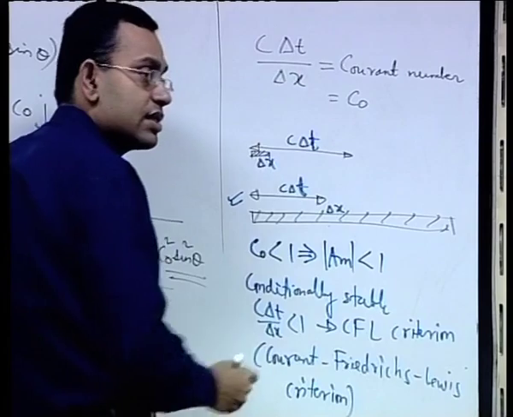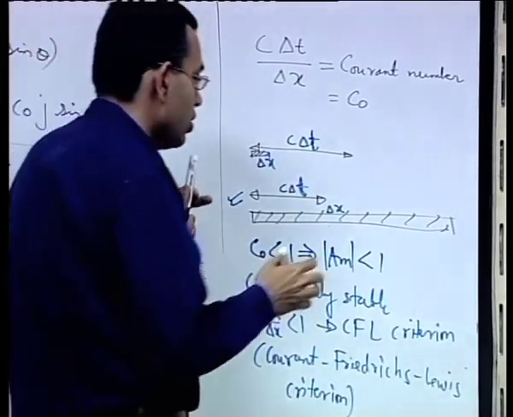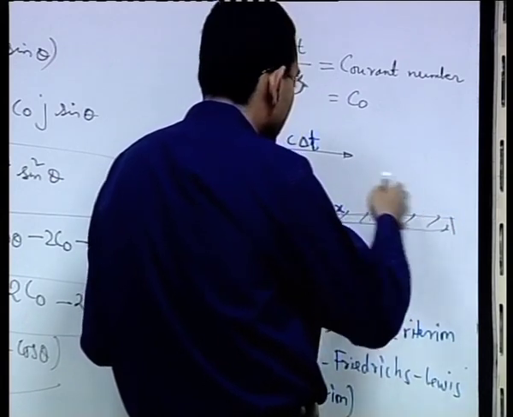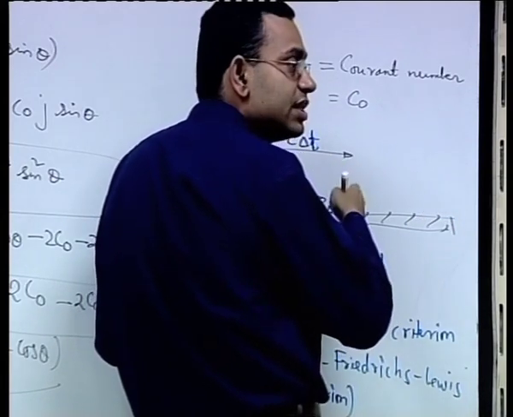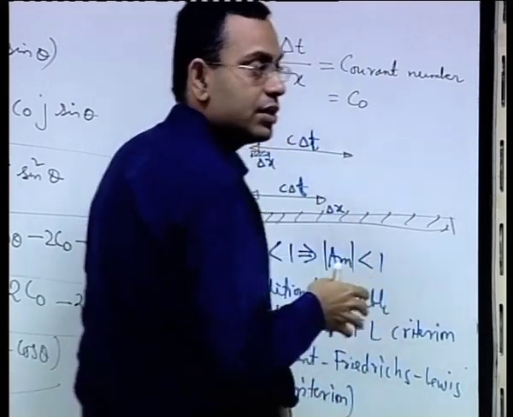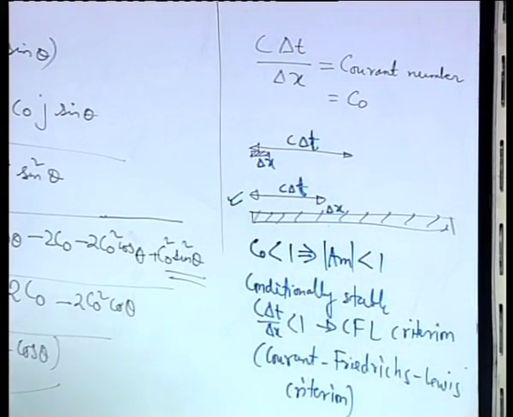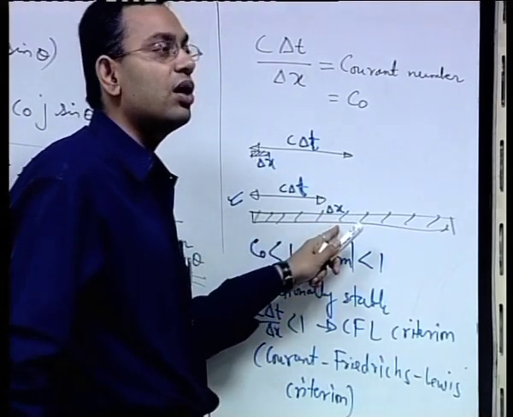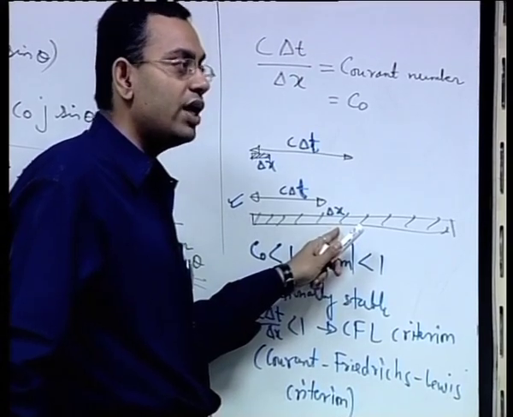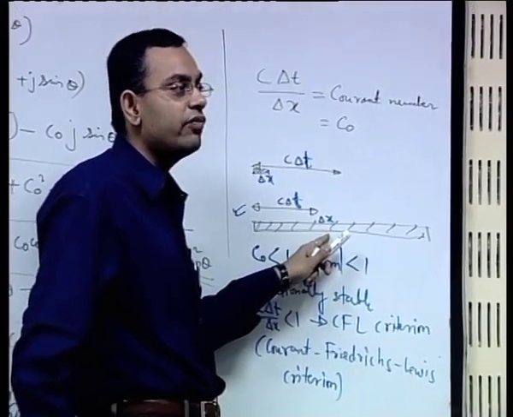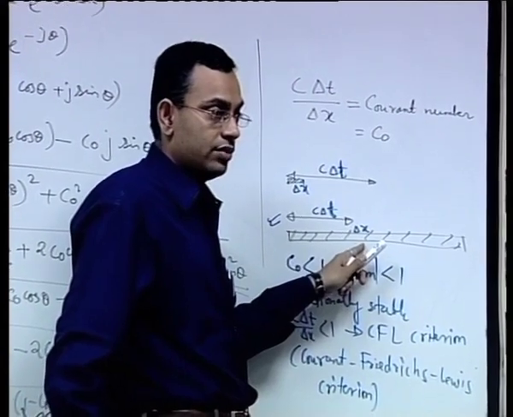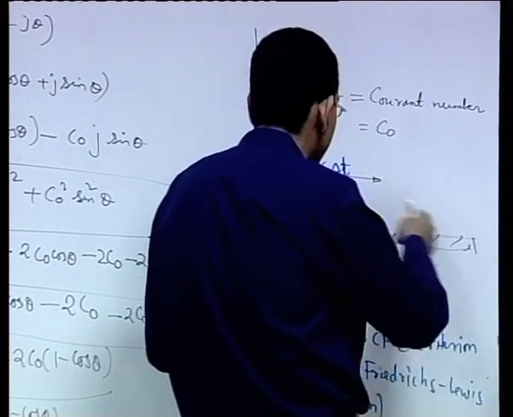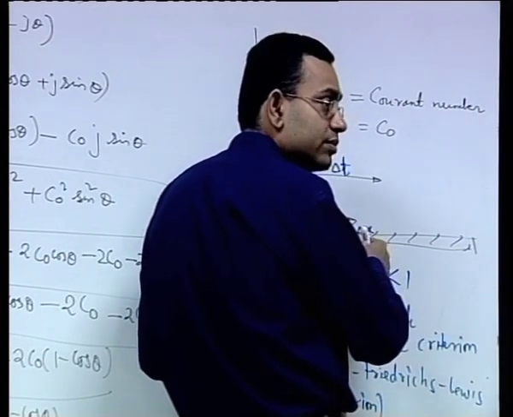So, whatever your grid is, it should be large enough so that it can accommodate a few propagation lengths of disturbance within a time step. So, you cannot indiscriminately put a small grid spacing, knowing otherwise that a small grid spacing may give you a more accurate solution. But here you are putting a large grid spacing, at least large enough so that C delta t by delta x is less than 1.